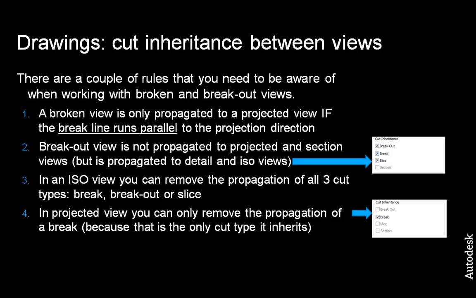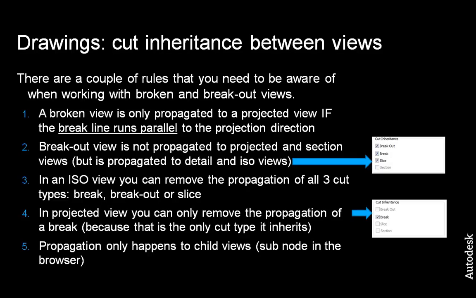And the reason there is simple. The break view is the only cut type that is inherited by a projected view. And the propagation only happens from the parent view to the child views, of course. So only the subnodes in the browser will inherit from the master node.